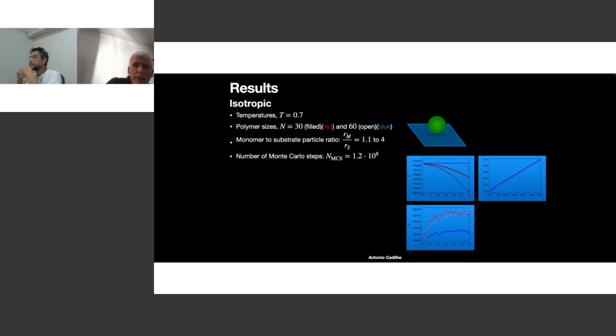The other one has a bit more noise or possibly dependence on the size of the monomers, as we'll see.